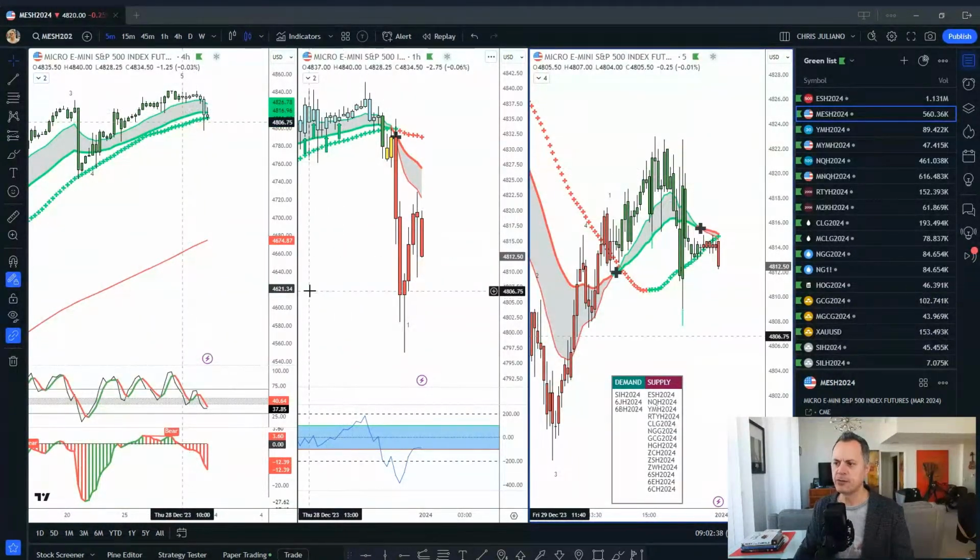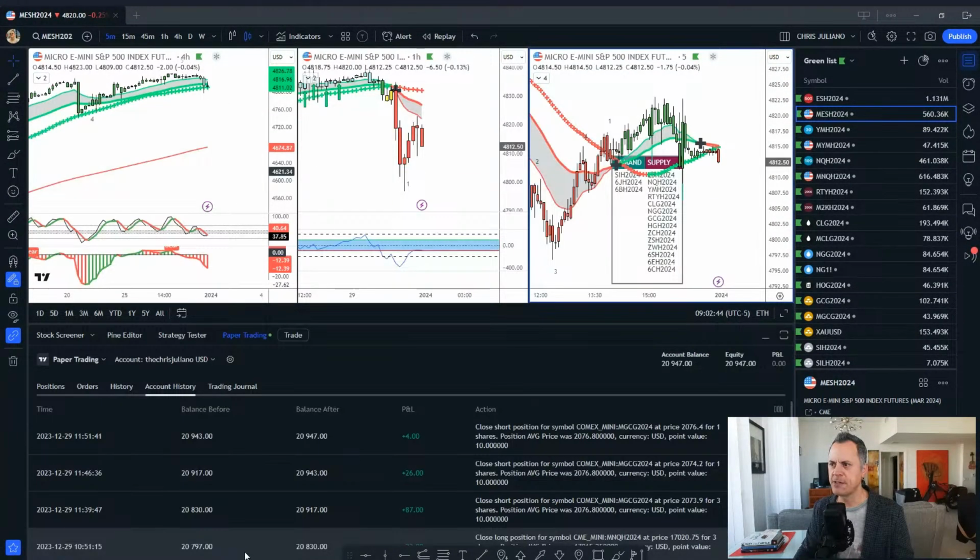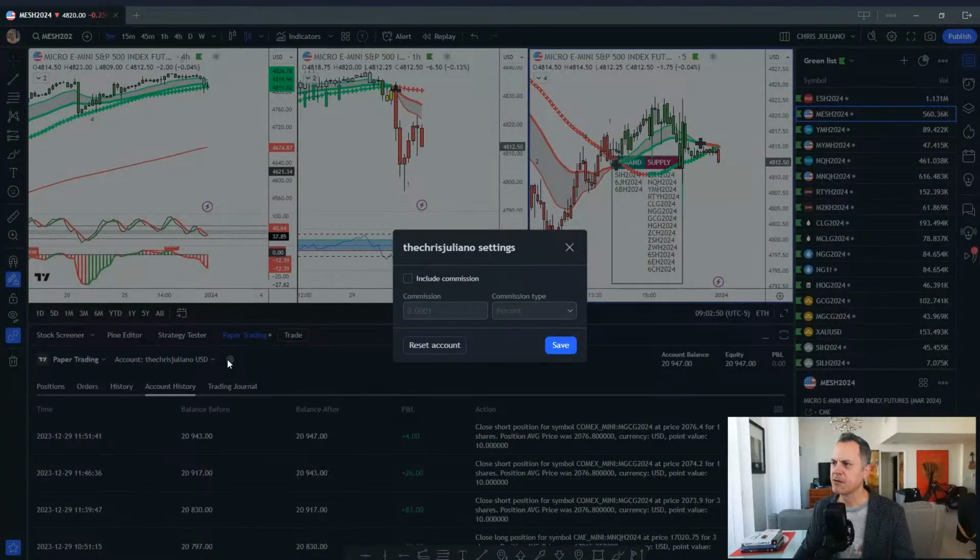What I want you to do is go down to your paper trading account here on TradingView, click onto that, and then go over, and I believe it's here. Yes. Okay. So you see where it says reset account? I want you to click onto that. And I want you to save it.